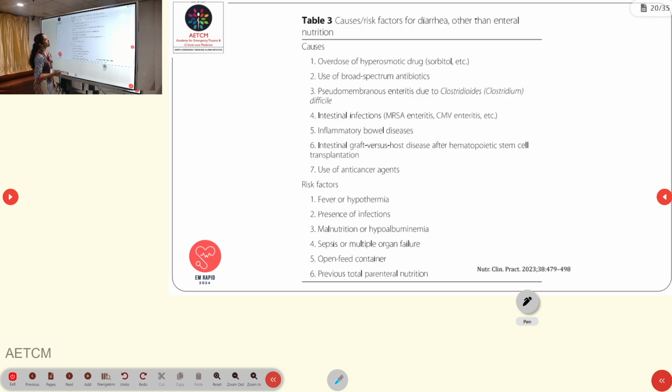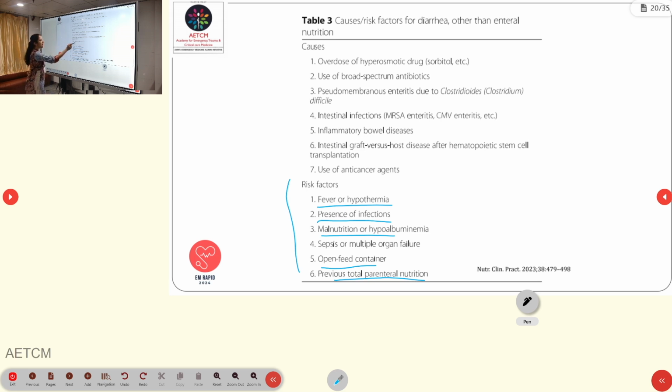So what are the causes and risk factors of diarrhea in case of nutrition in ICU? So if the patient is having fever, hypothermia, any presence of infection, or if the patient is having hypoalbuminemia and malnutrition, sepsis, multi-organ dysfunction, then open feed container or previous total parenteral nutrition patients, they are at the risk of having diarrhea.